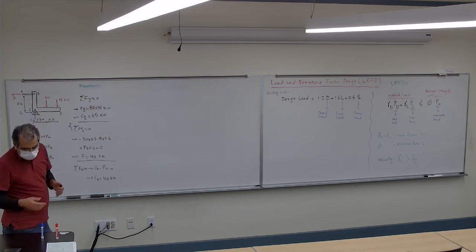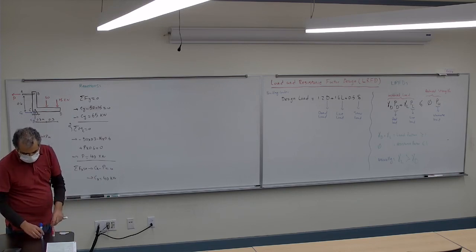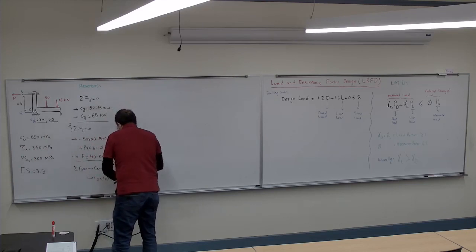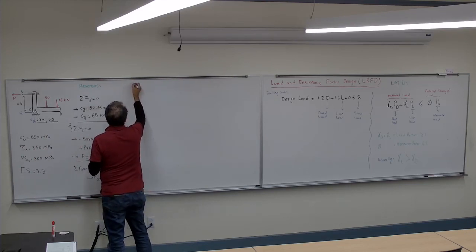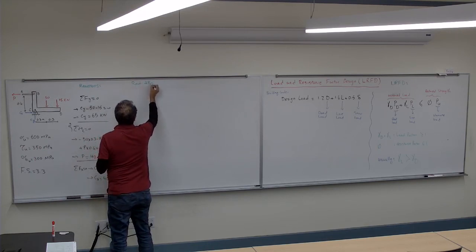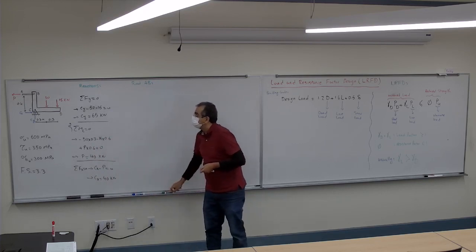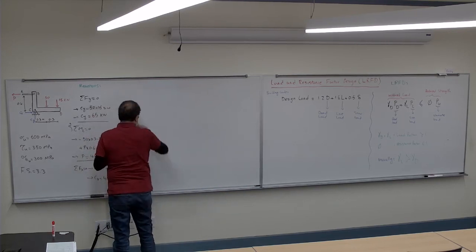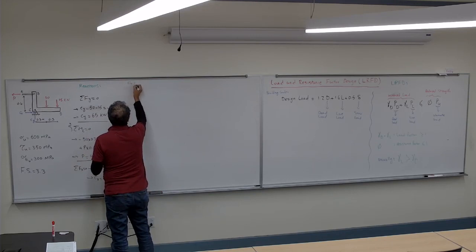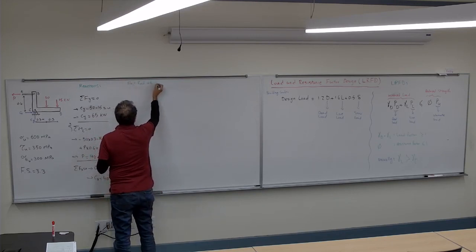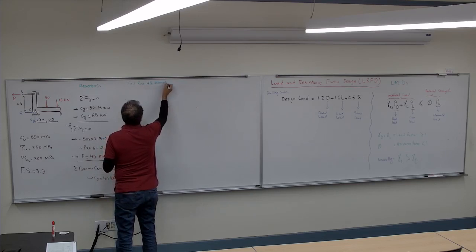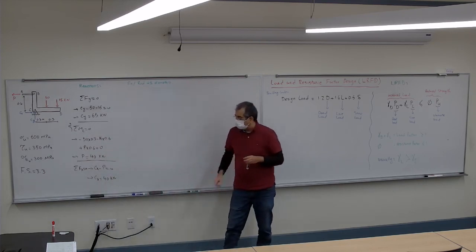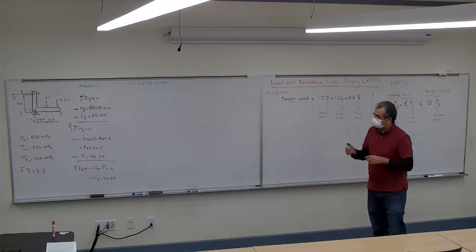So now I want to find the rod AB. I want to design the rod AB, find the diameter of the rod AB. So, if I want to do that, what's the first step?